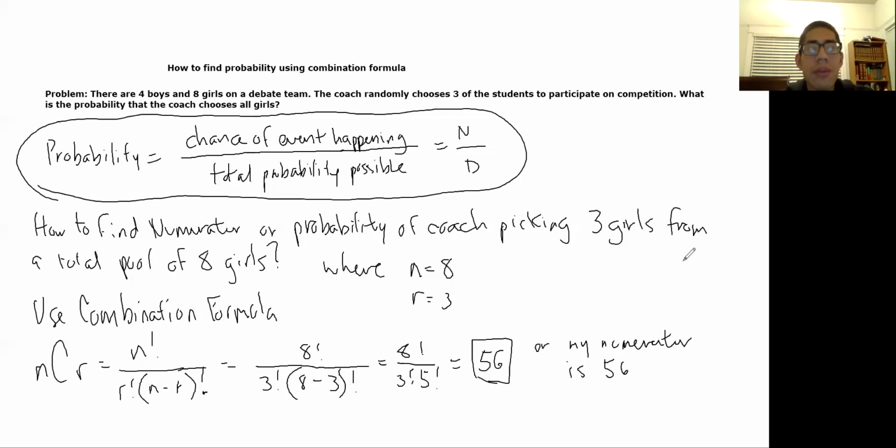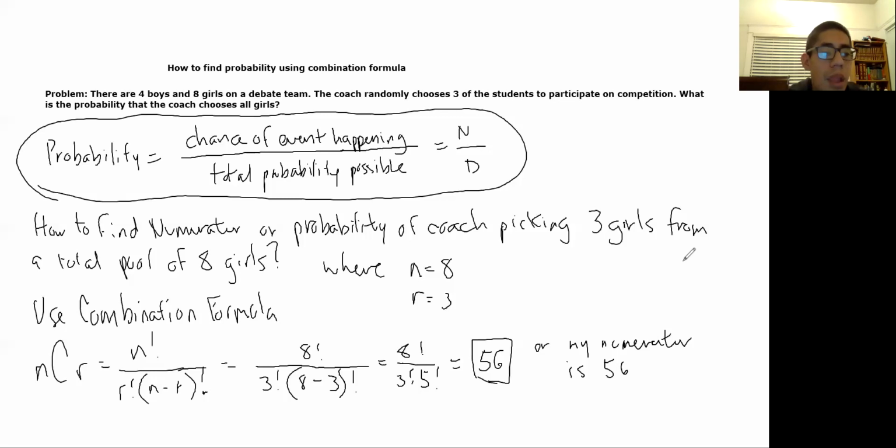Remember, there are only 8 girls in the class. There are 12 students in the class, but 4 of those students are boys, so we're not going to count them for the numerator part of this problem. So n is 8 here, and r is 3. That's where we got our 8 and our 3 from.